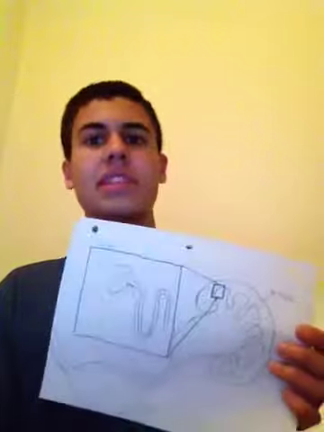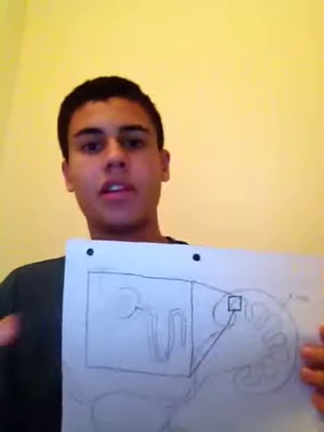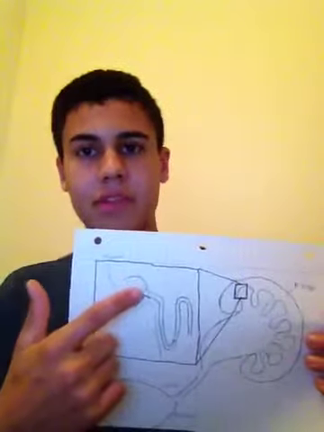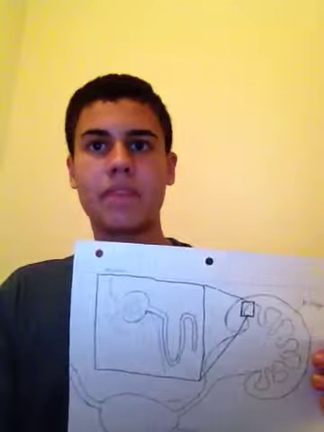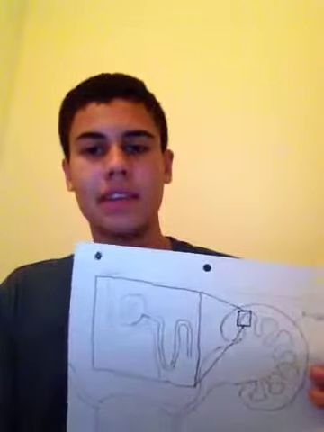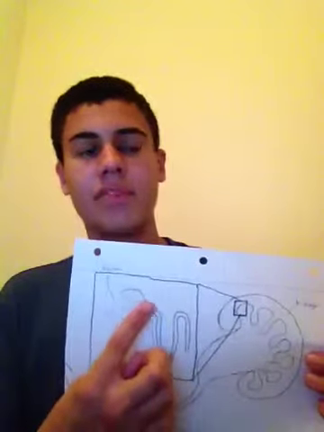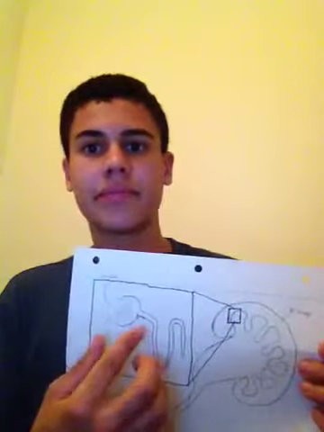The processes which take place here are when the filtration through the glomerulus leads to the production of filtrates, which is minerals, nutrients, and all the bad things in blood.